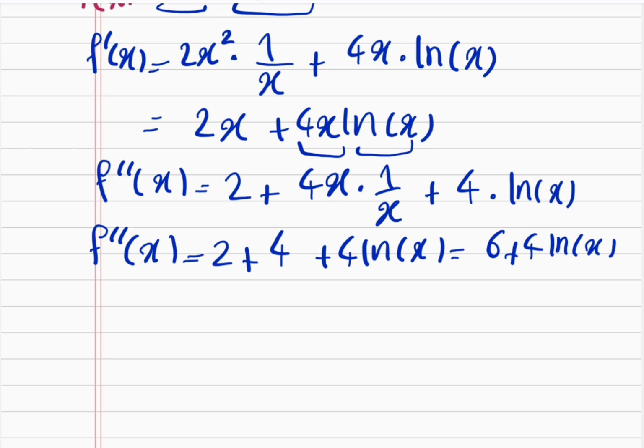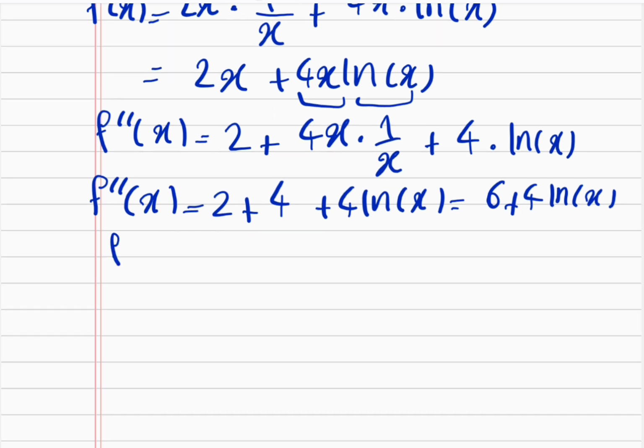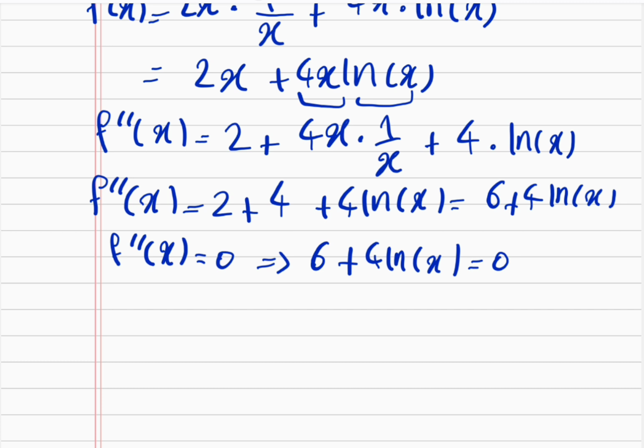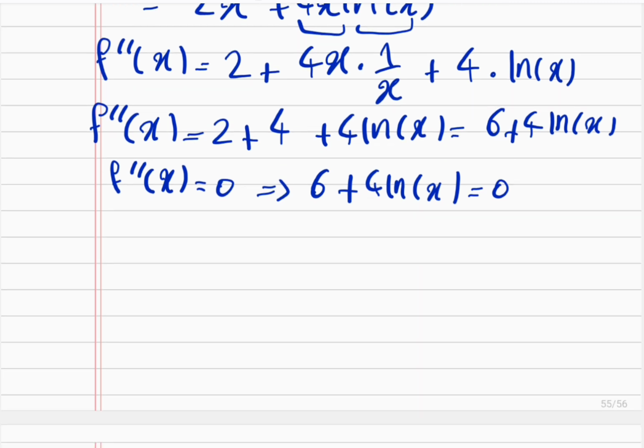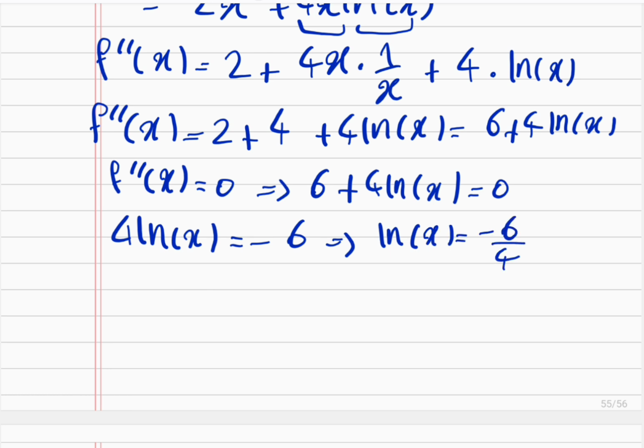And the next step is solving this equation. So f double dash x is equal to 0. We have 6 plus 4 ln x is equal to 0. And so we can subtract 6 from both sides to get 4 ln x is equal to minus 6, which can then be written as ln x is equal to minus 6 over 4.